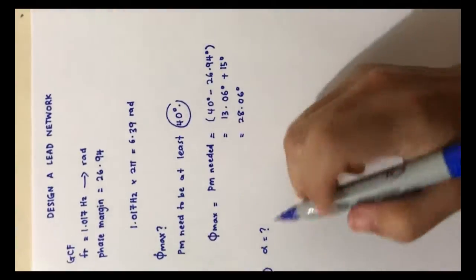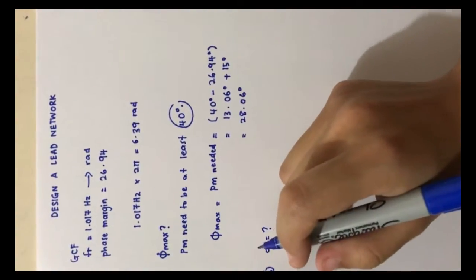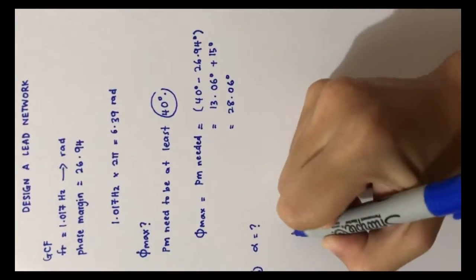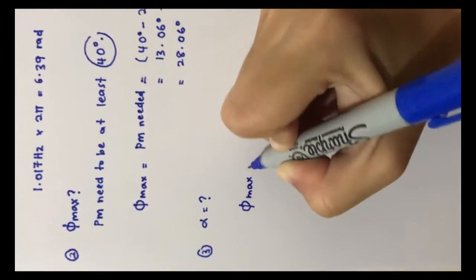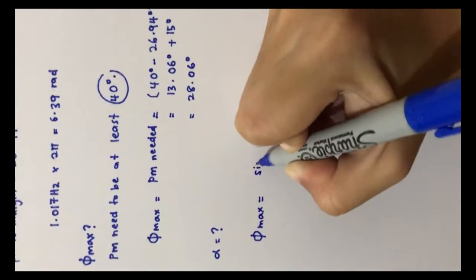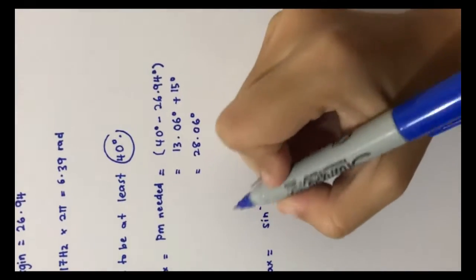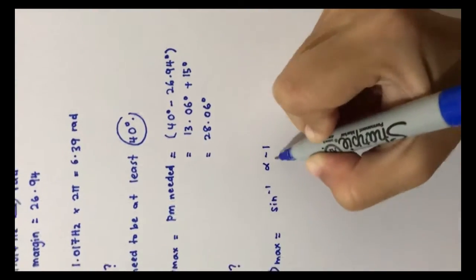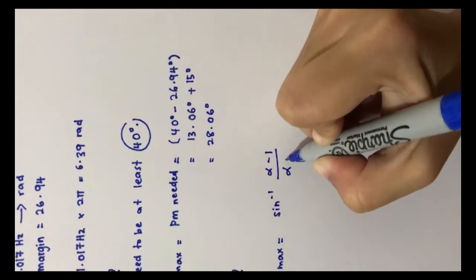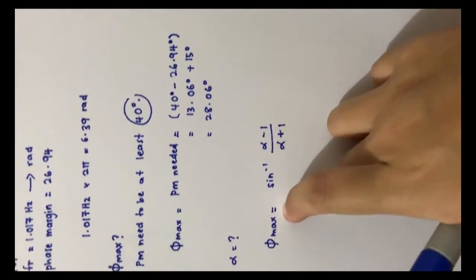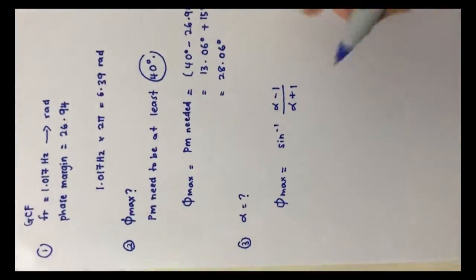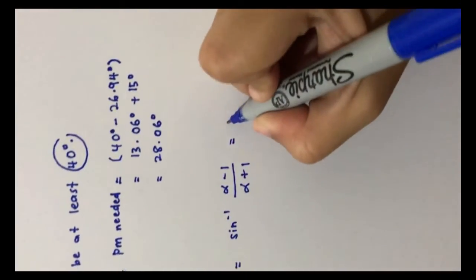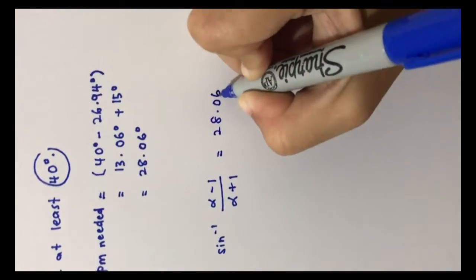So first, we have to get the formula, which is Vmax equals sine inverse of (alpha minus 1) over (alpha plus 1). Now we already know the value of our Vmax, which is 28.06 degrees, so we can equate it to 28.06 degrees.